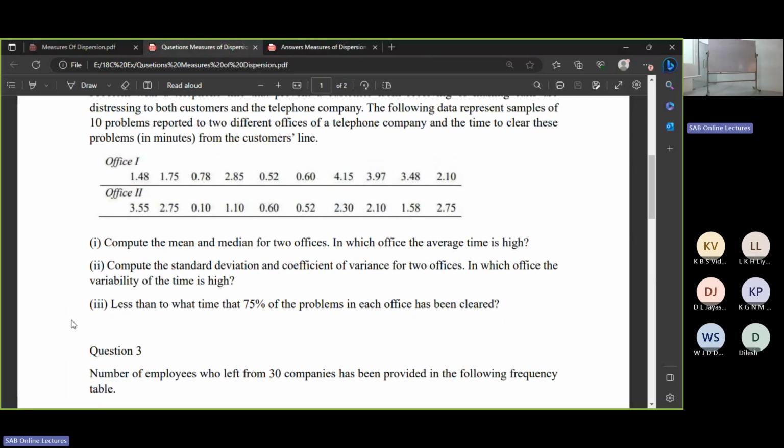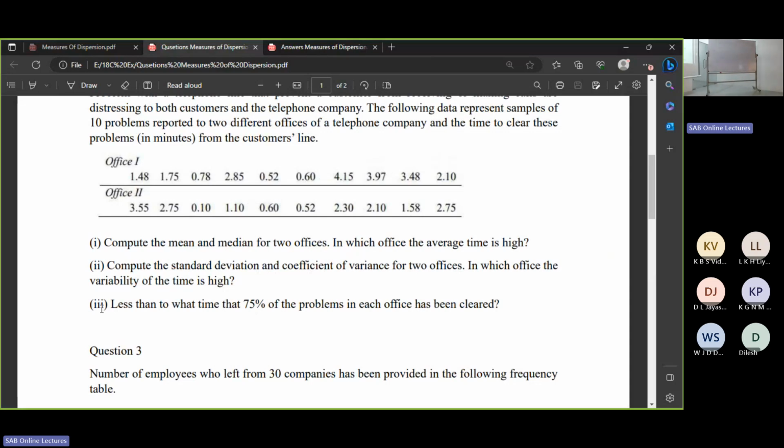Then Roman number 3. Less than to what time that 75% of the problems in each office has been cleared? Which measurement we need to calculate to find the answer for Roman number 3? Quartile is okay.